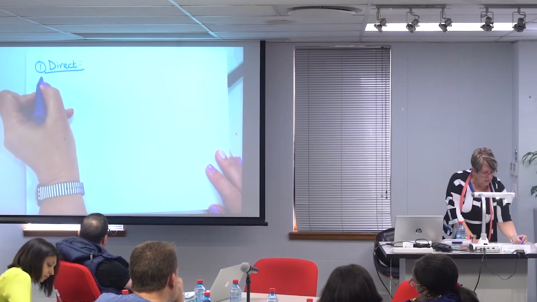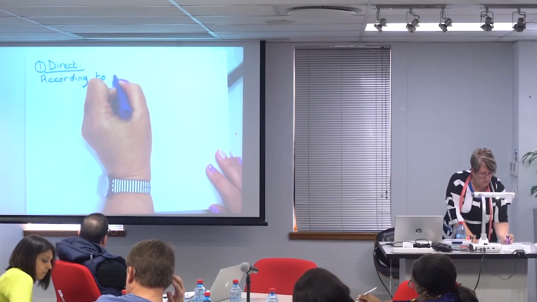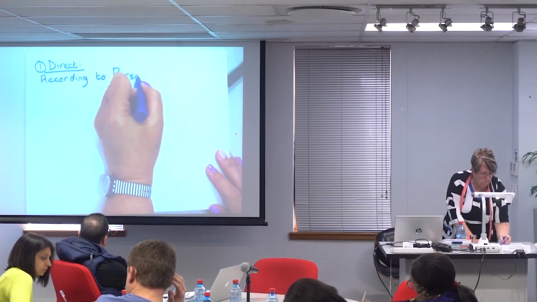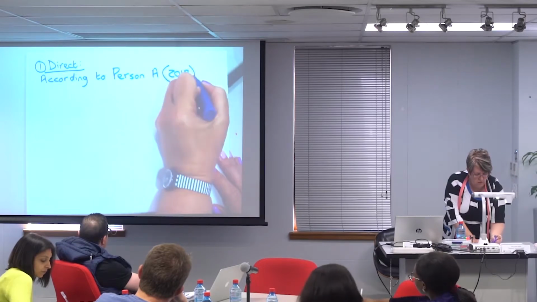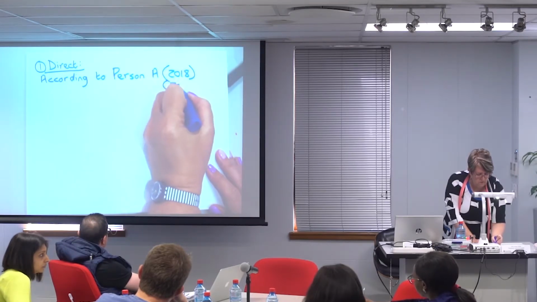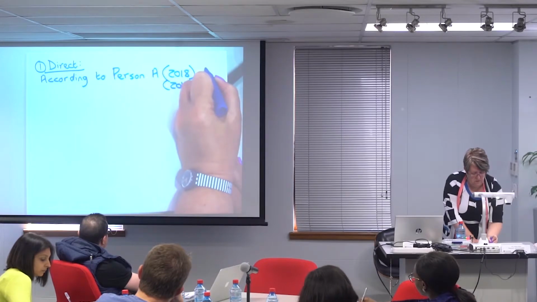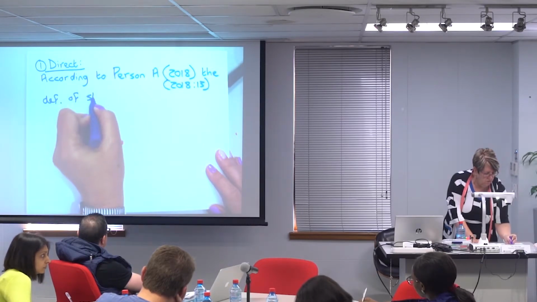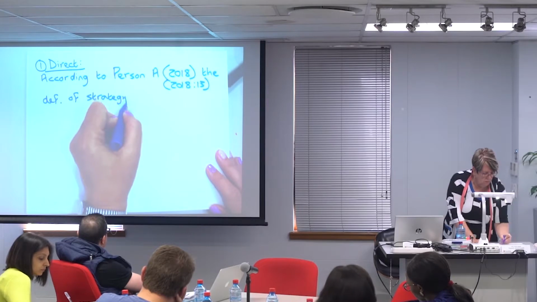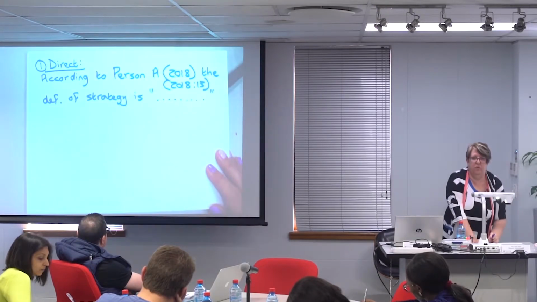If you are using a direct quote, you can say in your text, according to person A, and then in brackets you say 2018, and the alternative is 2018, page 13, the definition of strategy is, and close the quote.